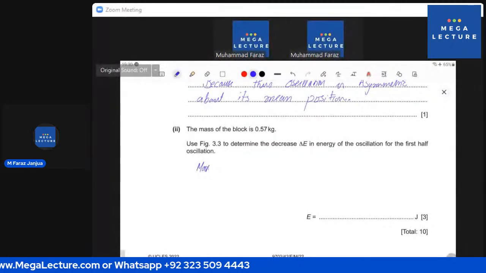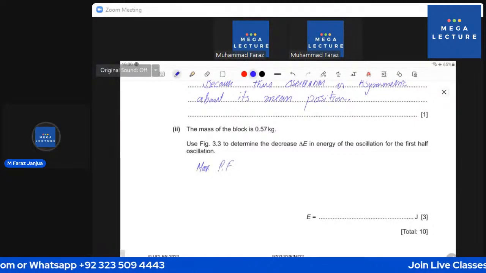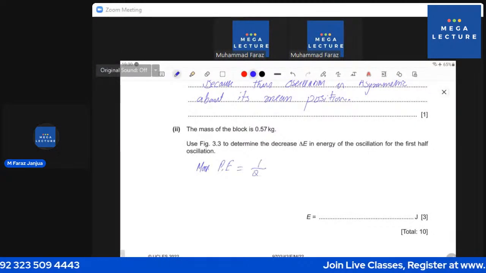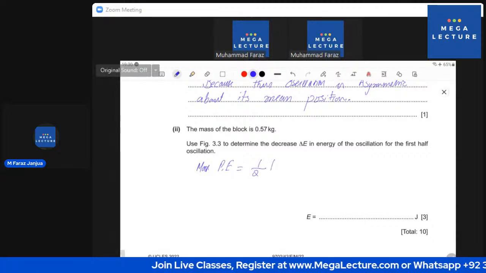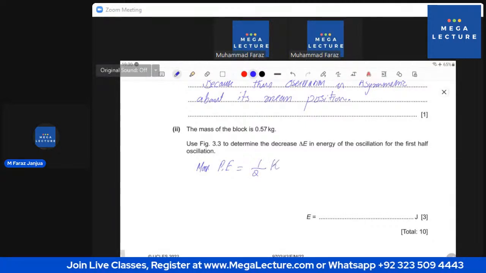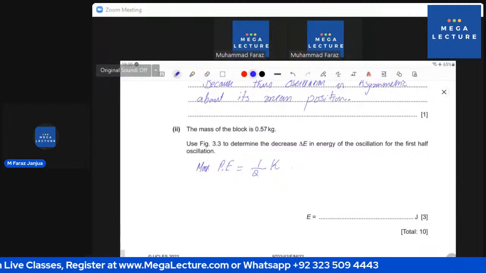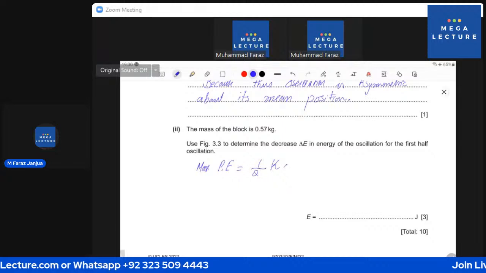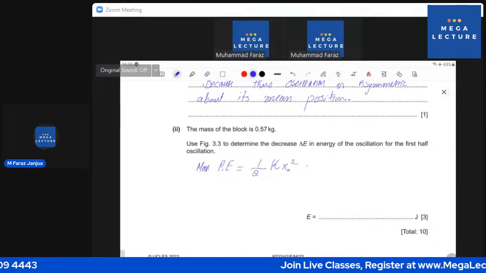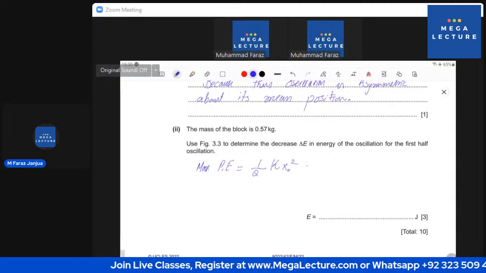Maximum potential energy equals 1/2 K x naught square.